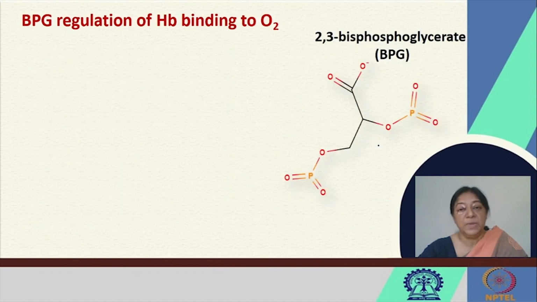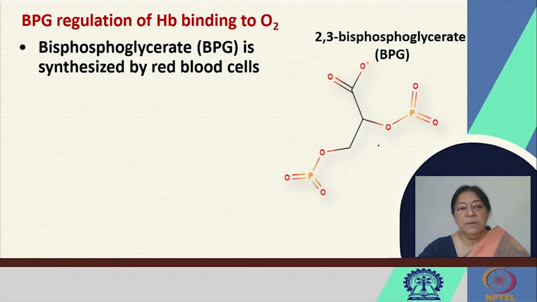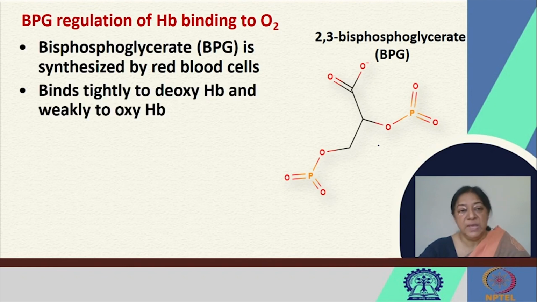Another very interesting aspect is the bisphosphoglycerate regulation of hemoglobin binding to oxygen. Bisphosphoglycerate is synthesized by red blood cells. It binds very tightly to deoxyhemoglobin and weakly to oxyhemoglobin.